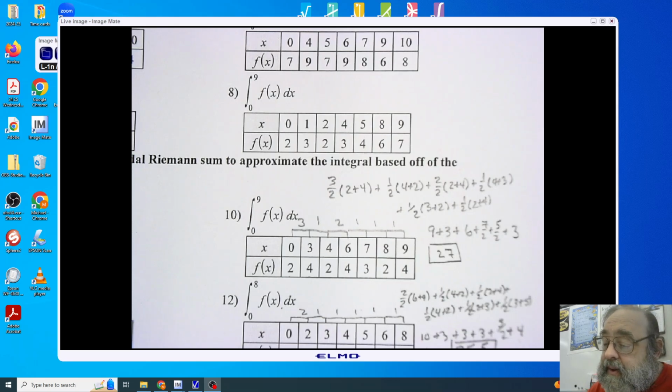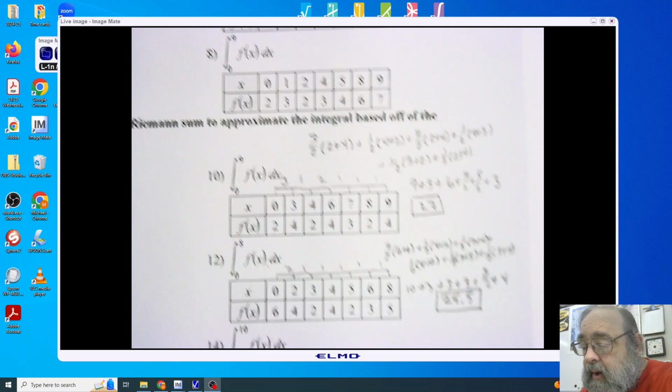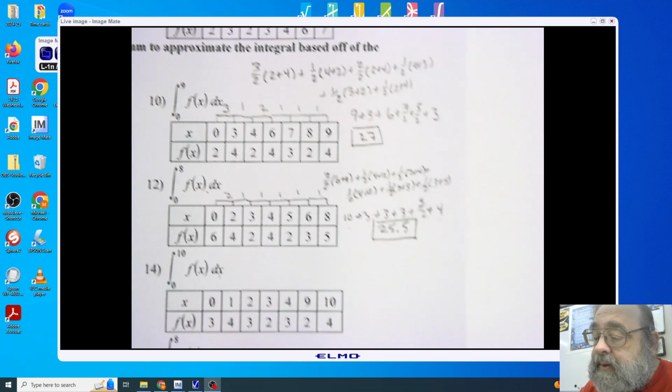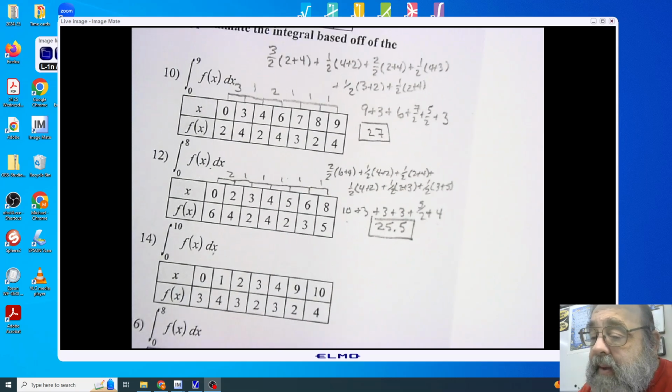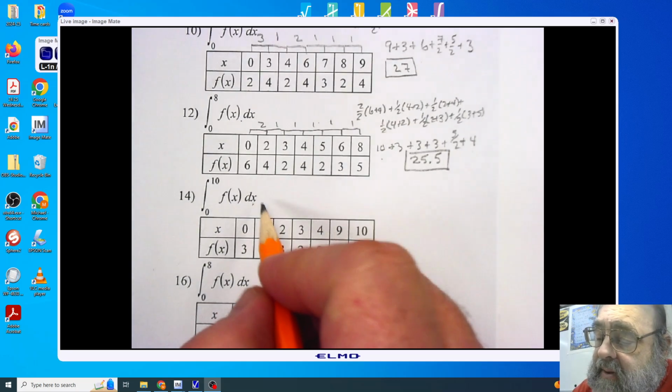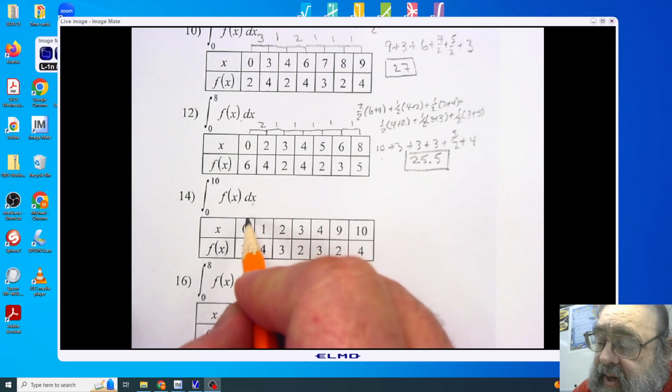This brings us to number 14. Let's take a look at 14. We're going to follow the same basic steps. We want to start by finding the gap, then take the average of the heights, pulling that 1/2 outside.